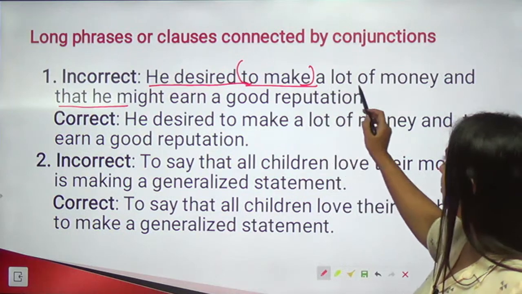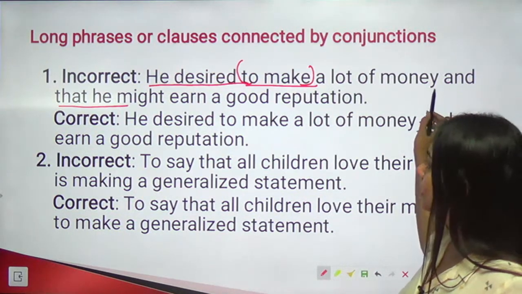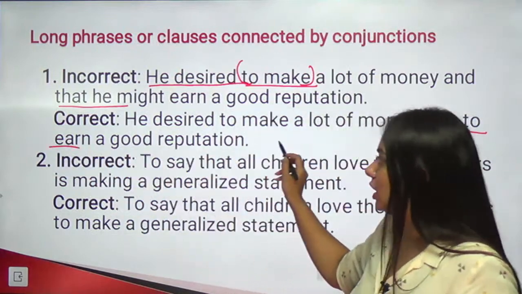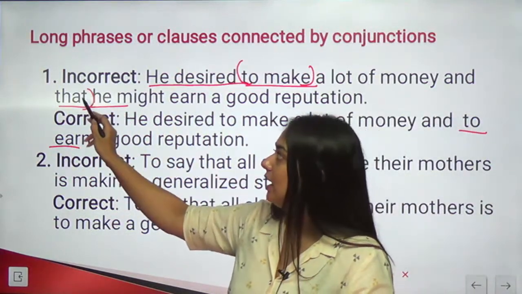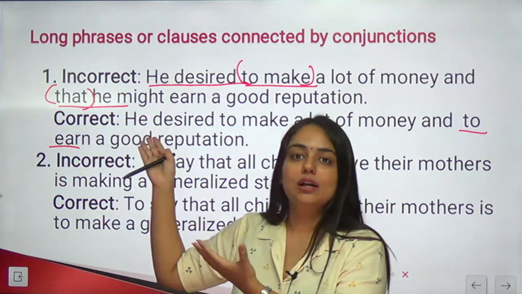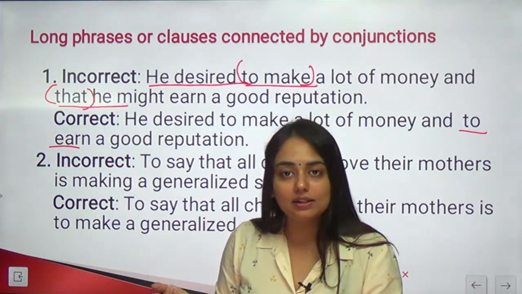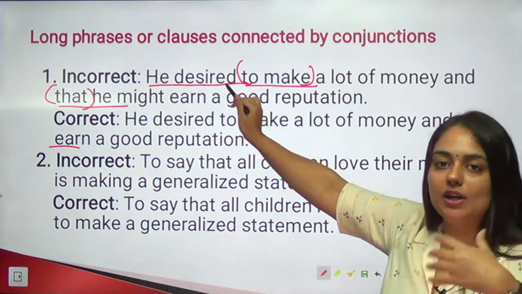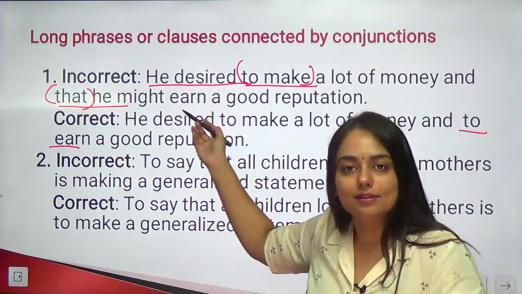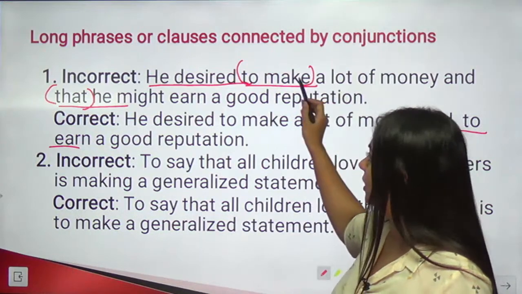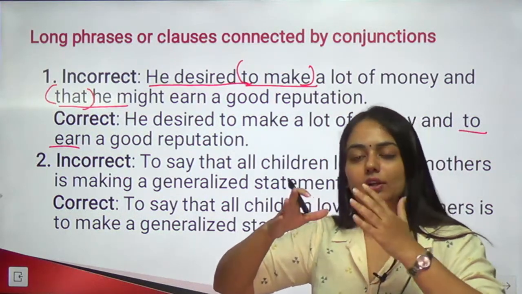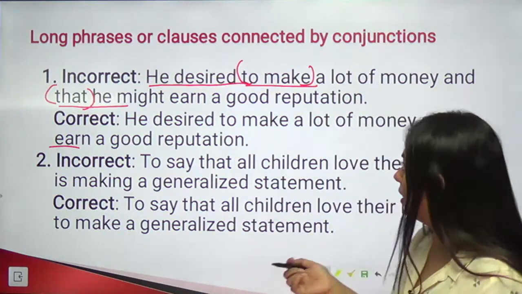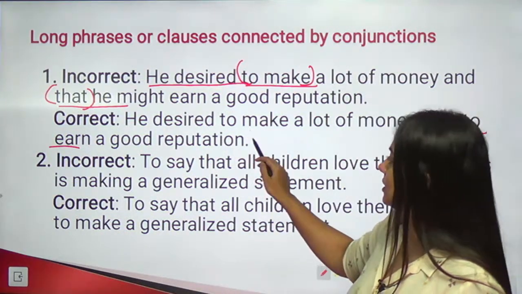He desired to make a lot of money and it should be "and to earn a good reputation." Unnecessarily, I should not be introducing a relative pronoun "that"; here it's not needed. It's already been told that we are going to list items that he desired, so these are those items. They should be parallel to each other: to make good money and to earn a good reputation. So this is the correct form.